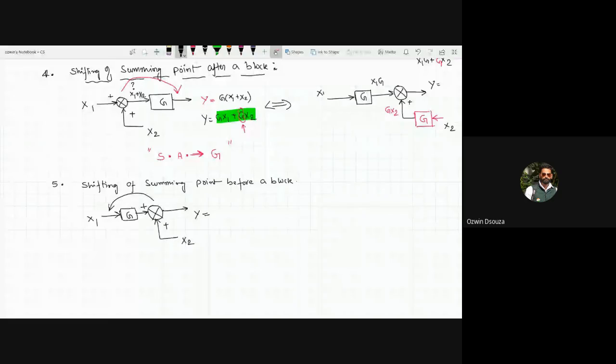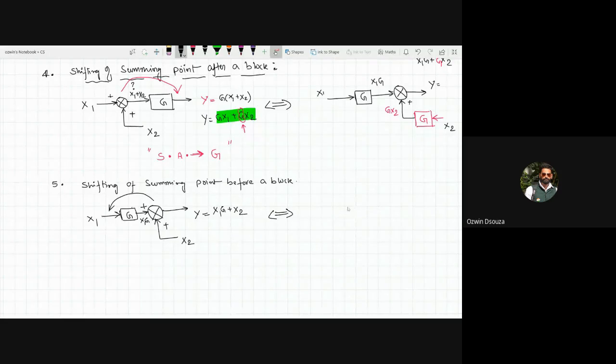As you can clearly observe, the output of the top block G is going to be x1 into G, so the signal value is x1 into G, and here the signal value is x2. So your output is basically x1G plus x2. Now we have to shift the summing point ahead of block G, but your output should remain the same.